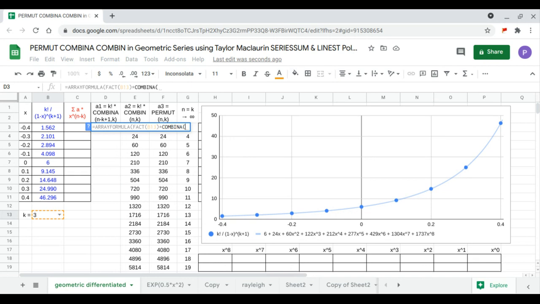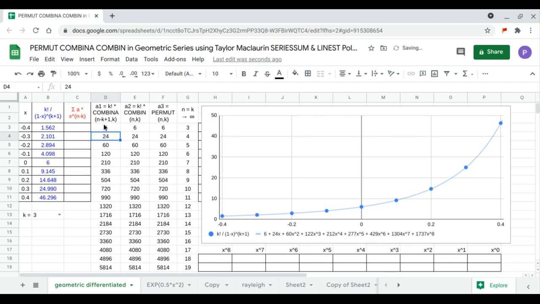Inside combina is n minus k plus 1, comma k. Then enter. Their values are exactly the same.